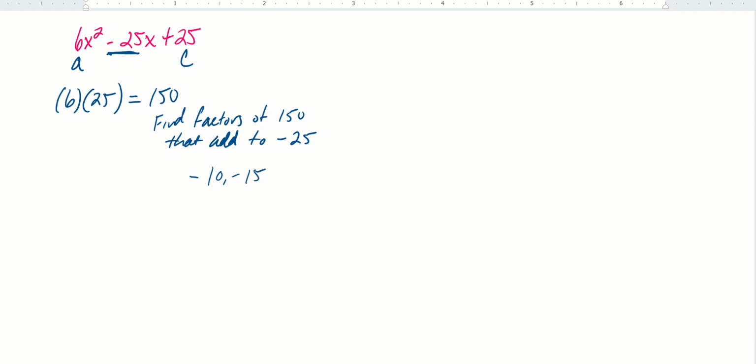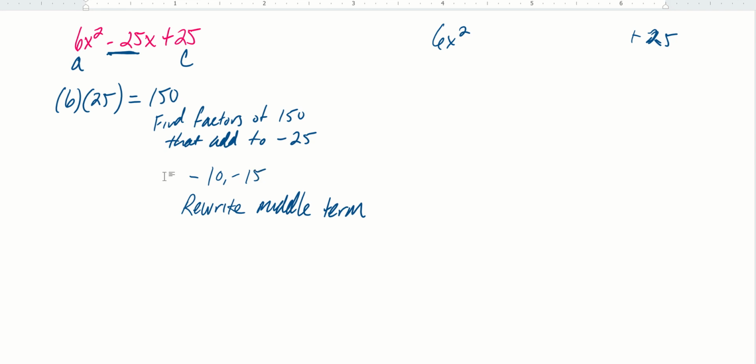So what we're going to do with these is rewrite the middle term. Okay, so the first term, 6x squared, is going to stay the same. And the last term, plus 25, is going to stay the same. What's going to change is the middle term. Instead of writing minus 25x, we're going to rewrite it as minus 10x and minus 15x.